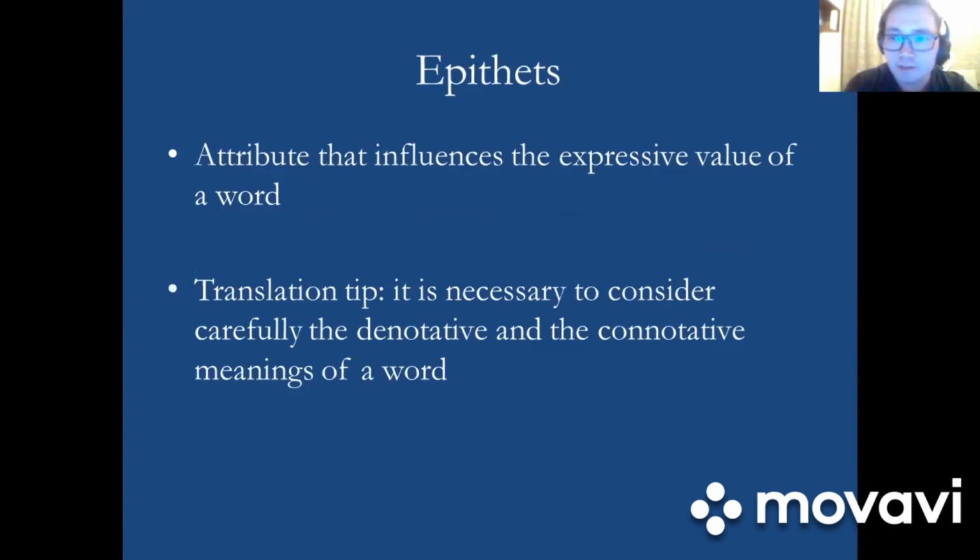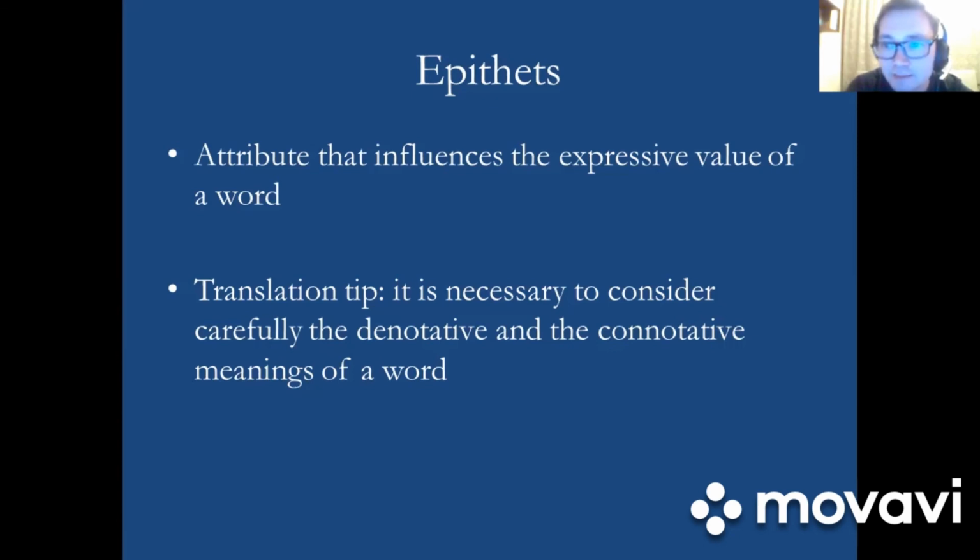So another stylistic device that we are going to consider now is epithet. Epithet represents an attribute that influences the expressive value of a word. And here you can see also translation tips. It is necessary to consider carefully the denotative and connotative meaning of a word. So what is denotative and connotative meaning?